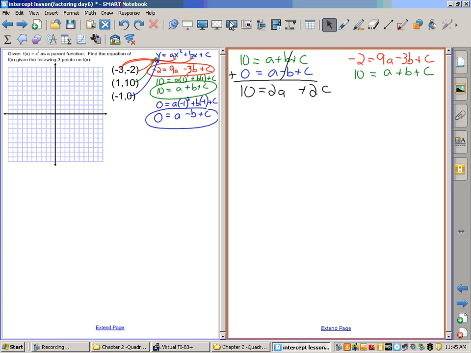Okay, so we're going to make this one a 3b, not a negative 3b, so I'm going to multiply both sides by 3. I'm just going to rewrite down here. I have negative 2 equals 9a minus 3b plus c, and 30 equals 3a plus 3b plus 3c.